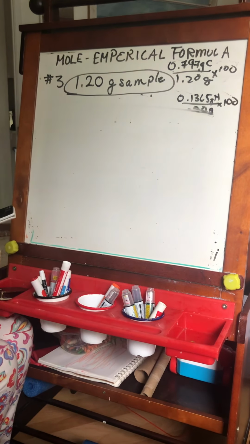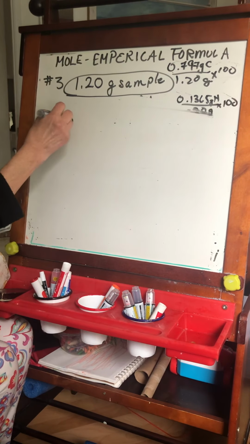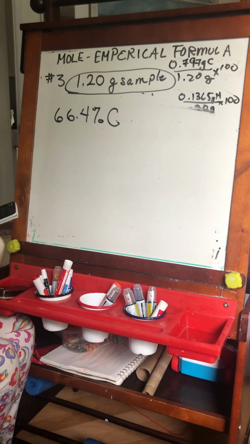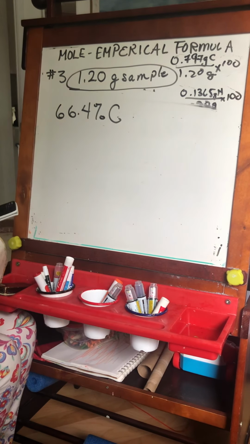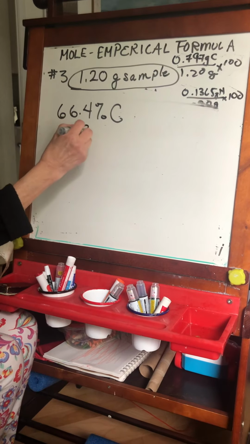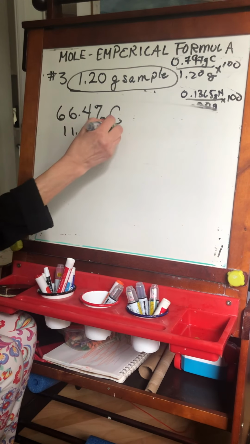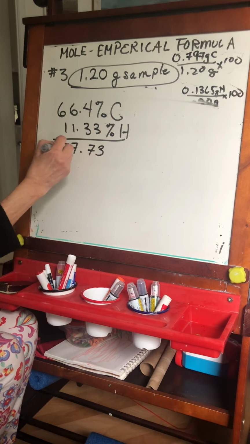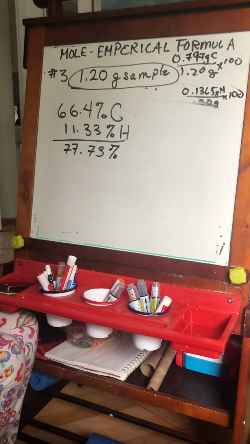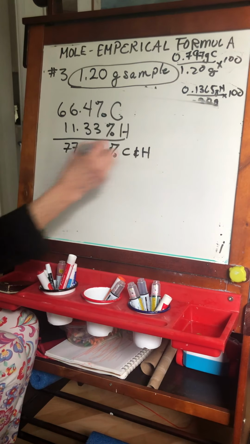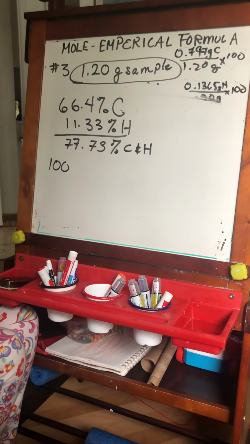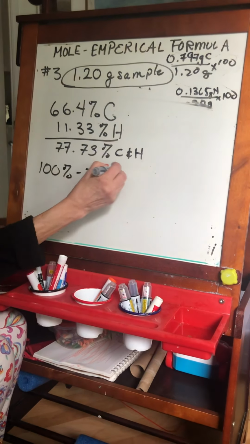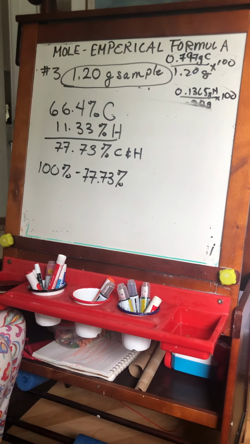So our compound has 66.4% carbon and 11.33% hydrogen, and I'm going to add these up and subtract from 100 for the percent oxygen, because the substance is pure and we have 100% sample size.